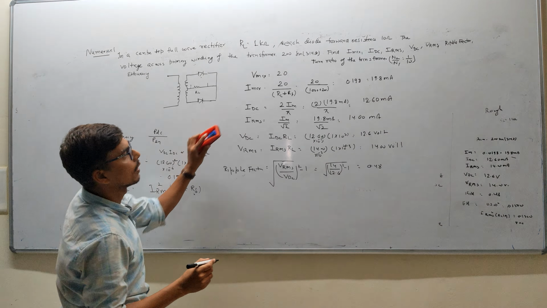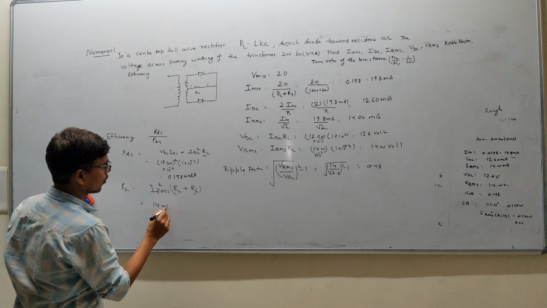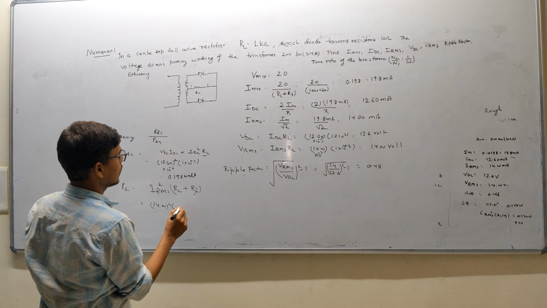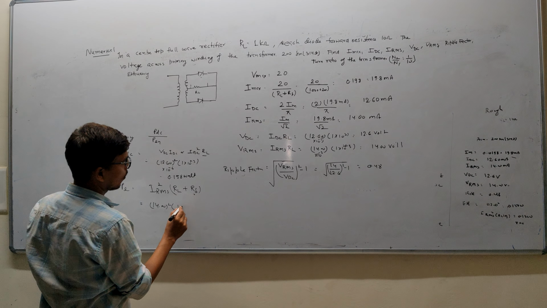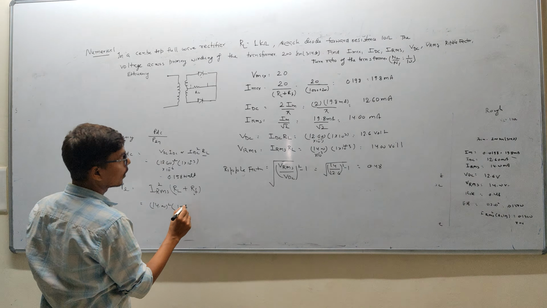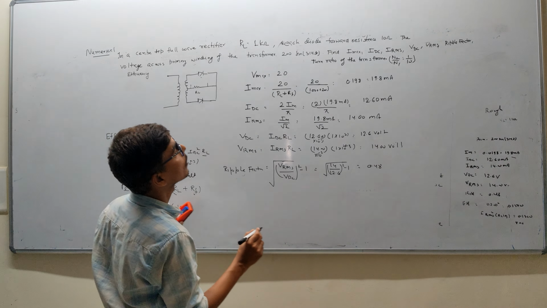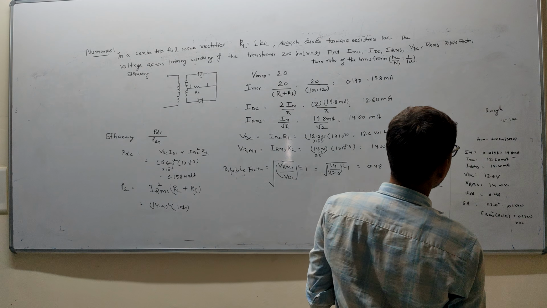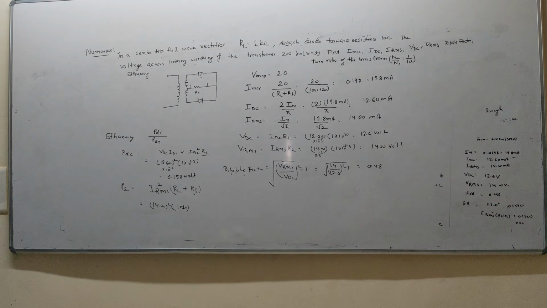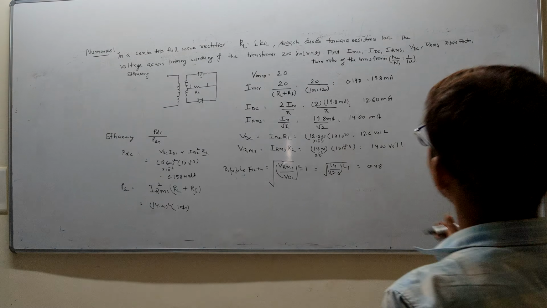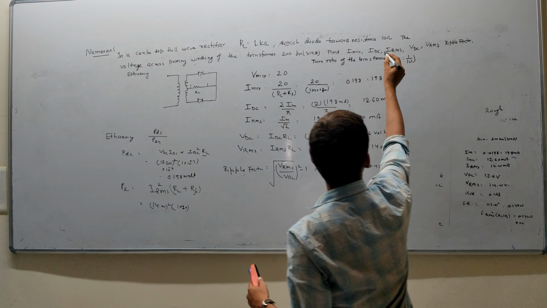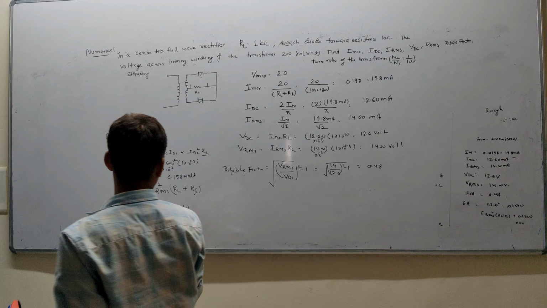So IRMS square, 14.00 square into RL plus RF, which is 1000 plus 10, 1010. I had written 20 by mistake, but it is 10, so write 10 here.